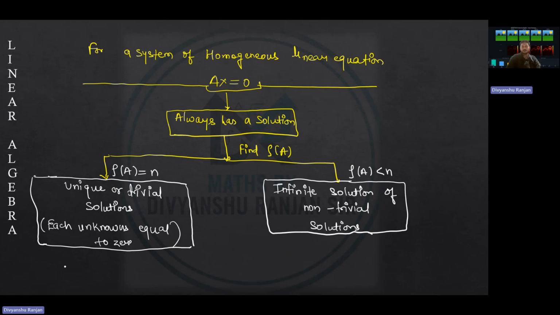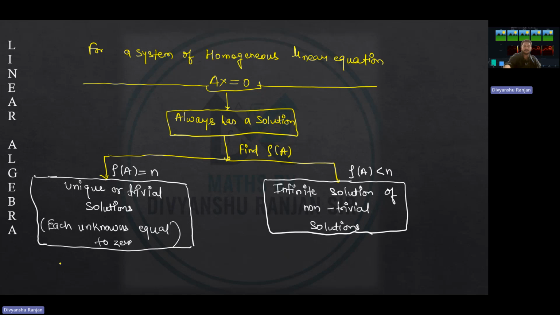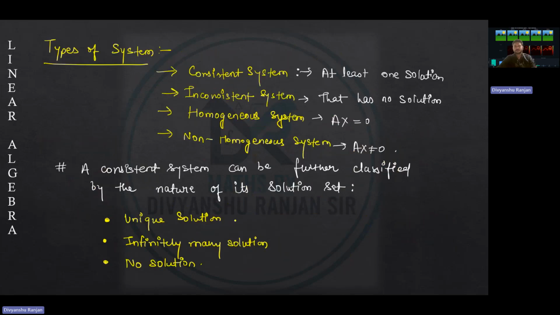One thing is that I did not tell you what a unique solution is and what an infinite solution is. In a unique solution, exactly one solution exists, then you say that the solution is unique.